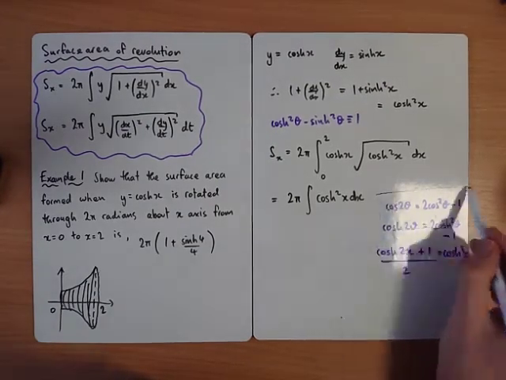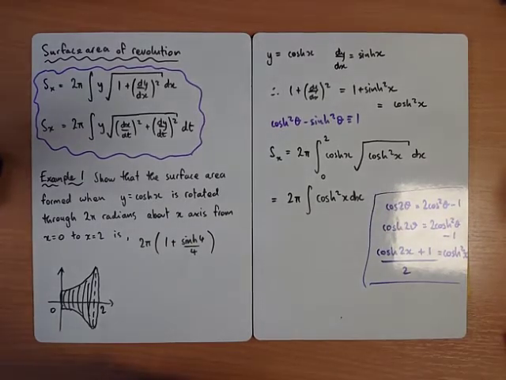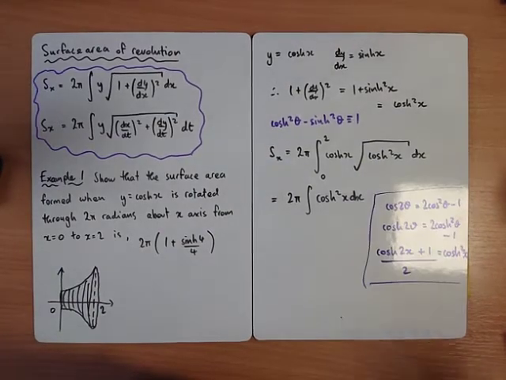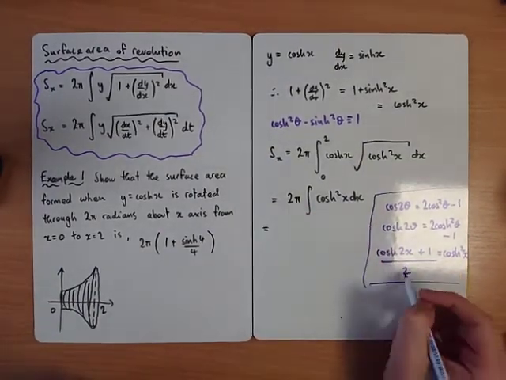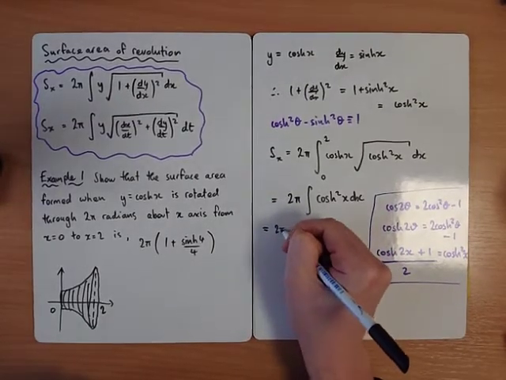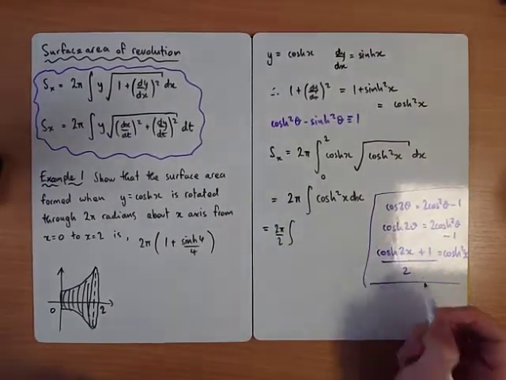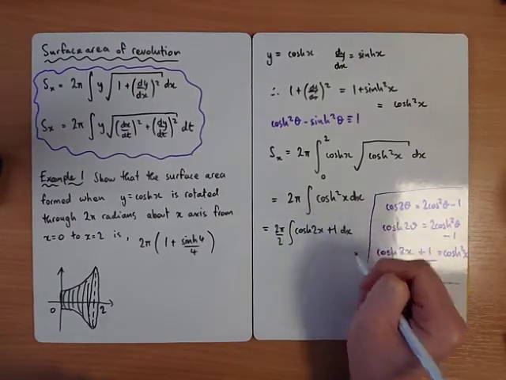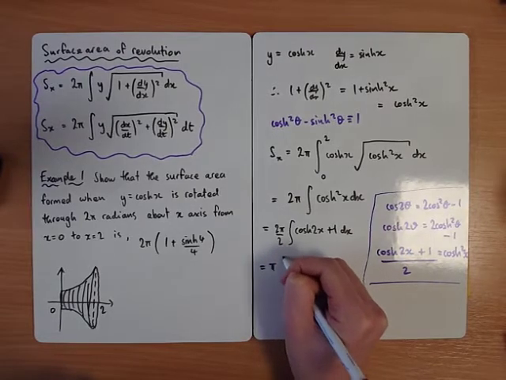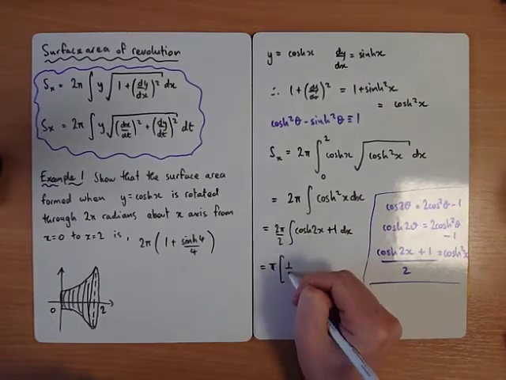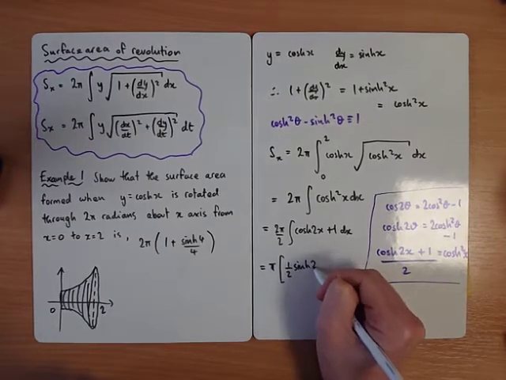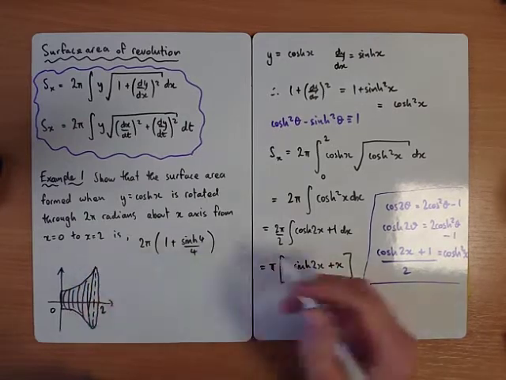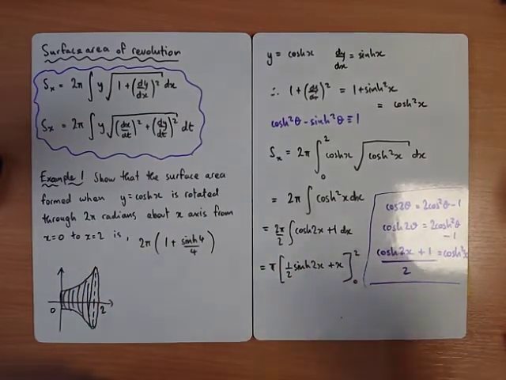That is the identity that we can use, because we're trying to integrate cosh squared. I'm going to take the half outside, so that would be 2 pi over 2 times the integral of cosh 2x plus 1. Integrating, cosh becomes a half sinh 2x plus x, limits 0 and 2.